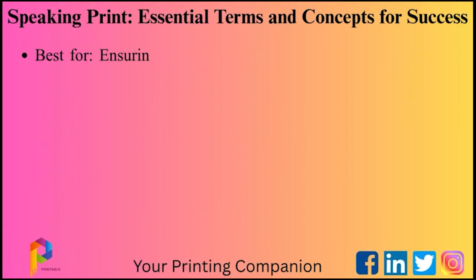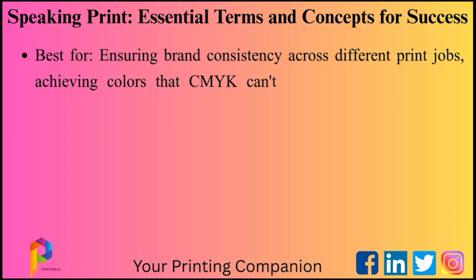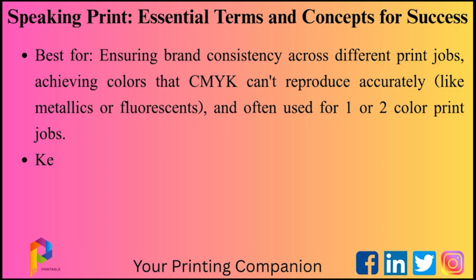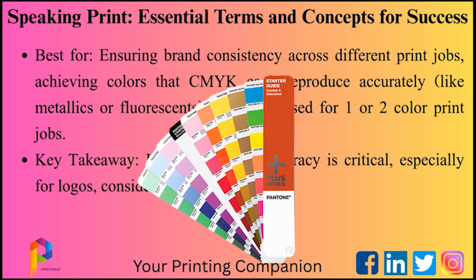Best for ensuring brand consistency across different print jobs, achieving colors that CMYK cannot produce accurately, like metallics or fluorescents, and often used for one or two color print jobs. Key takeaway: if absolute color accuracy is critical, especially for logos, consider using a Pantone PMS color.